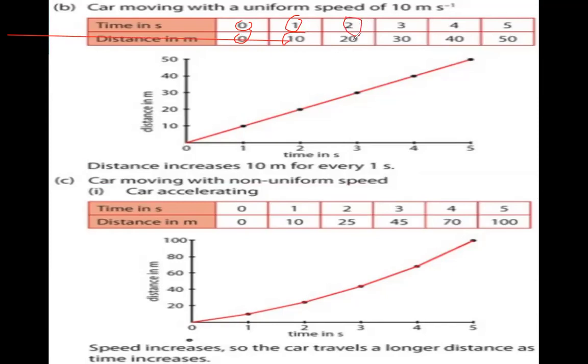At 2 seconds, distance 20. It covered 20 meters. At 3, 30, 4, 40, and 5, 50. Plot the graph. For example, 0,0, 1,10, 2,20, 3,30, 4,40, and 5,50. Then the line will be drawn like this.